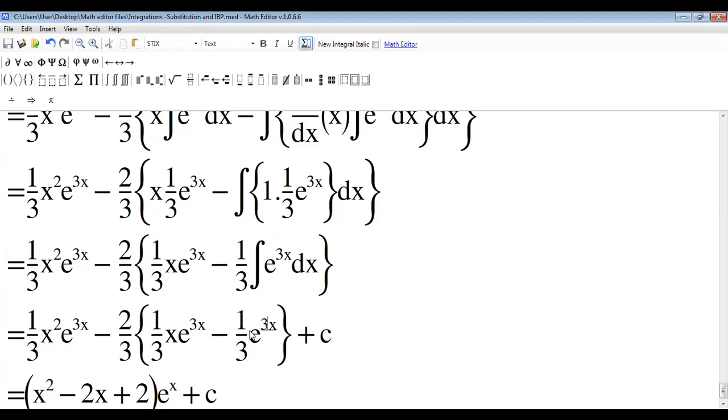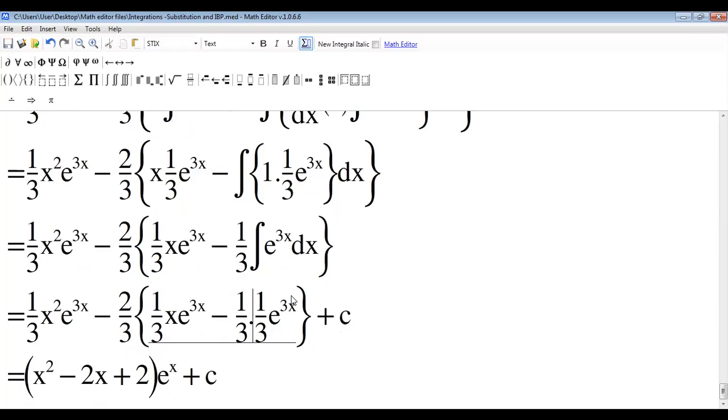Integration of this, what will be? The e to the power mx formula is 1 by m into e to the power mx. So this integration will be 1 by 3 e to the power thrice x.